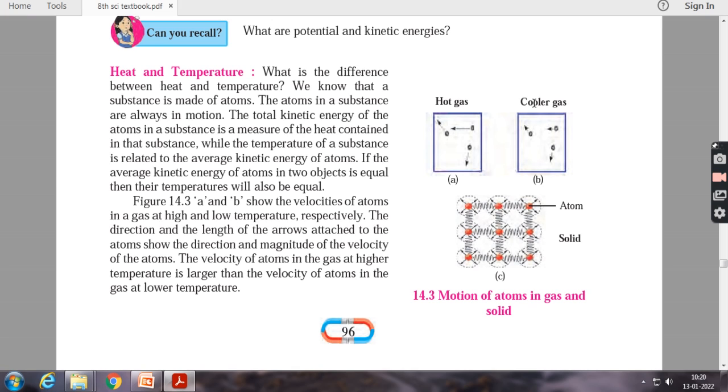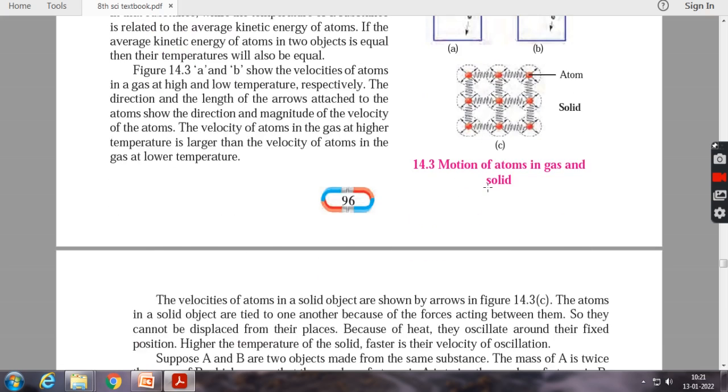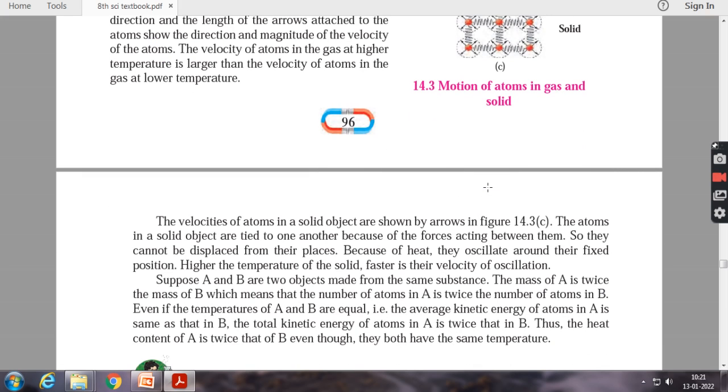When the object is cooler, the atoms contract. So when the object is hot, the atoms are far away from each other, and when the object is cool, the atoms contract. This is the way the atoms behave, and there is motion of atoms in the gas and the solid.